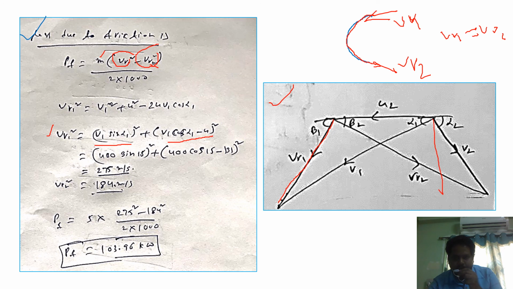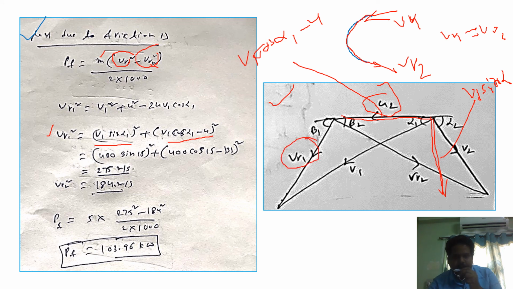If you divide V1, this length is V1 cos alpha 1 and also u is there, so minus u, and this vertical length is V1 sin alpha 1, that will give VR1 square.